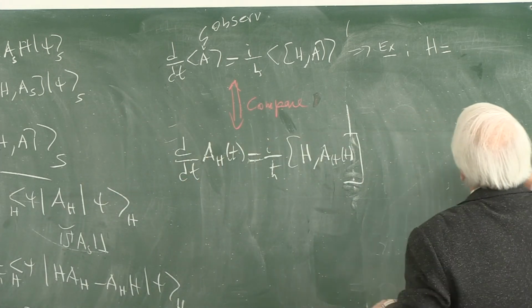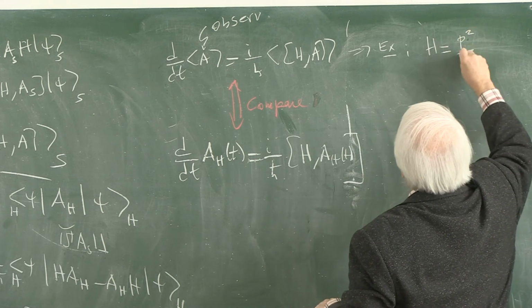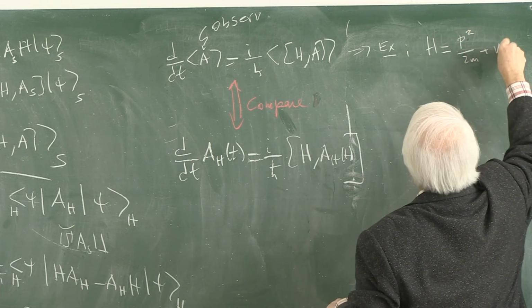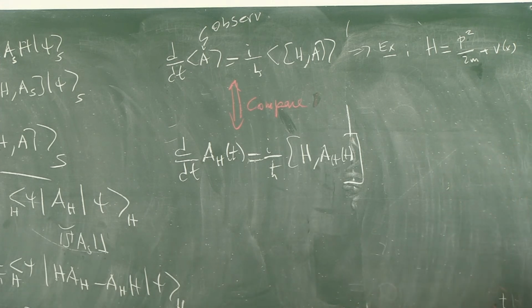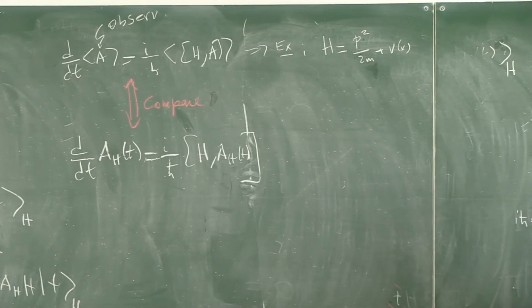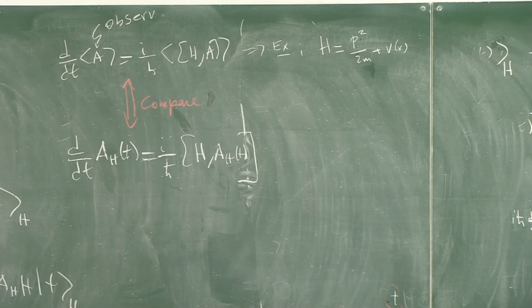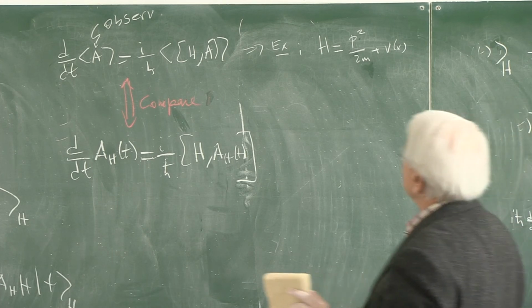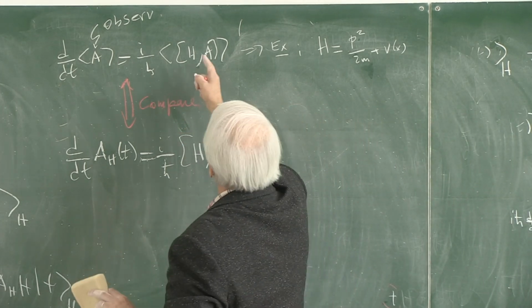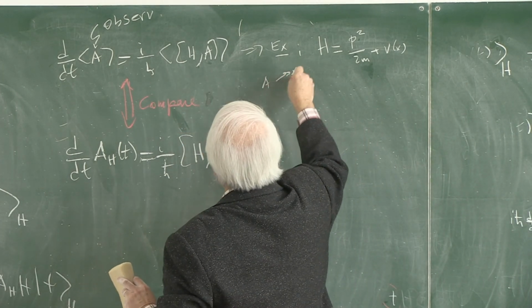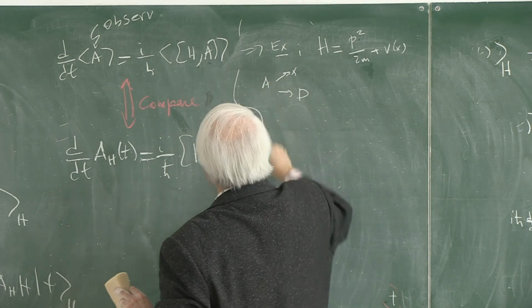No problem. If you have a Hamiltonian of that sort, with V of x, let's see the Ehrenfest theorem. What is the Ehrenfest theorem? The Ehrenfest theorem is obtained by taking that A here. A could be taken as x and p.